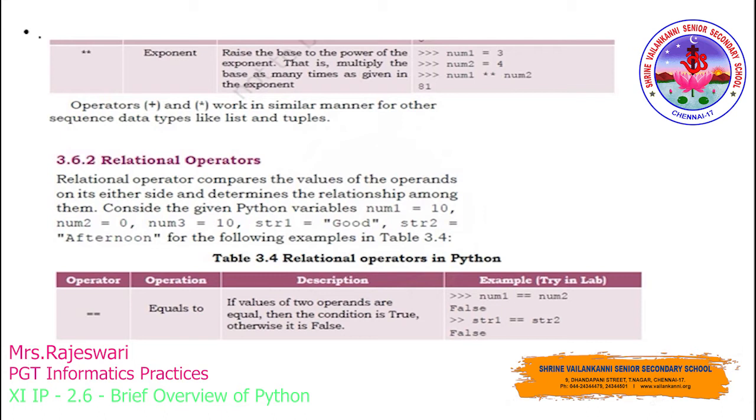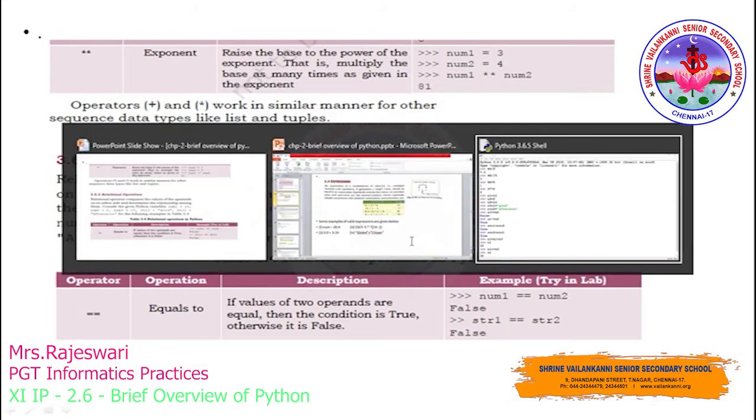So relational operators, also called comparison operators, compare two values and the result is returned in the form of true or false. Clear? Now look at this better. I'll explain with an example directly from the Python shell.